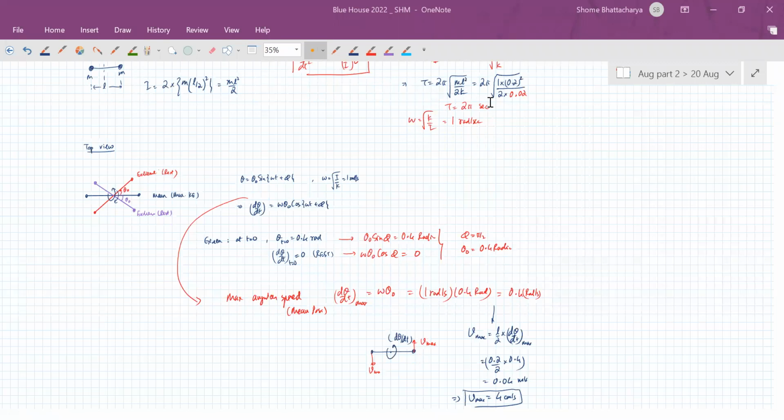Is it clear now, Jagannath? As your torsional wire is twisting clockwise, anti-clockwise, your dumbbell is rotating in the horizontal plane. So if you see it from above or below, this is how it will look.